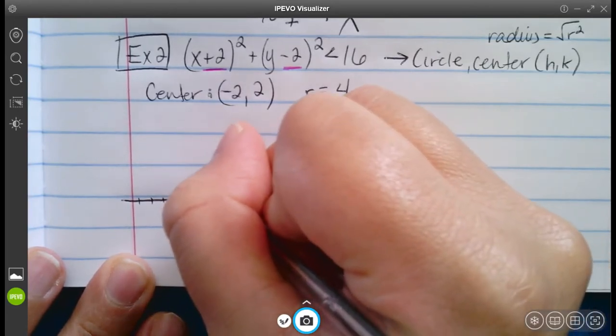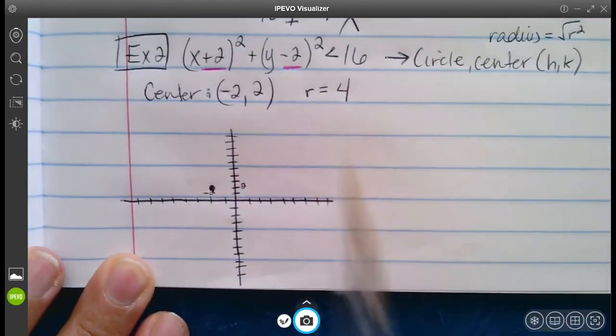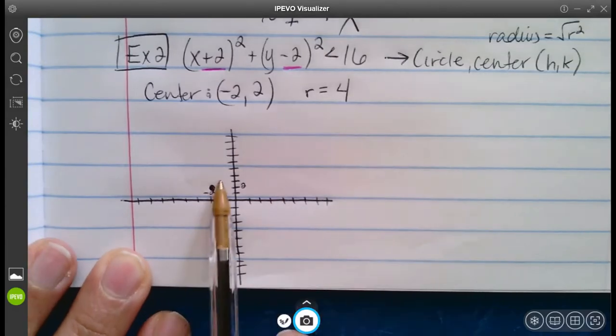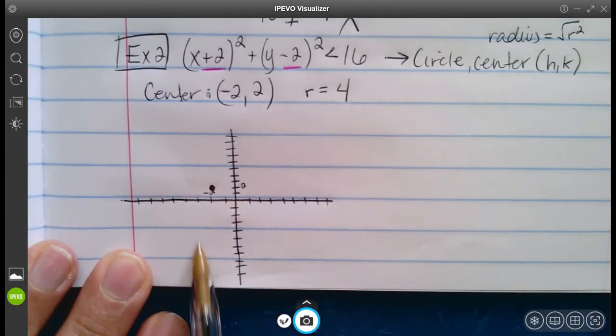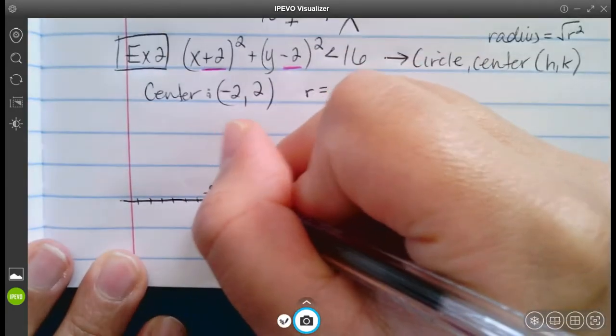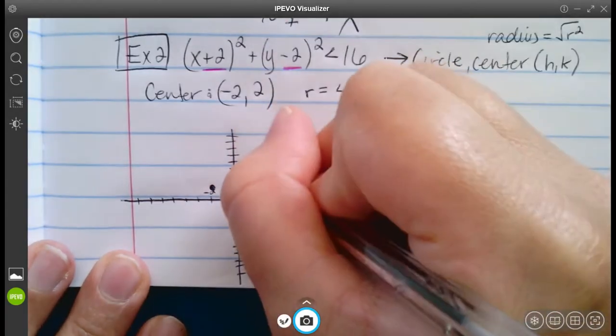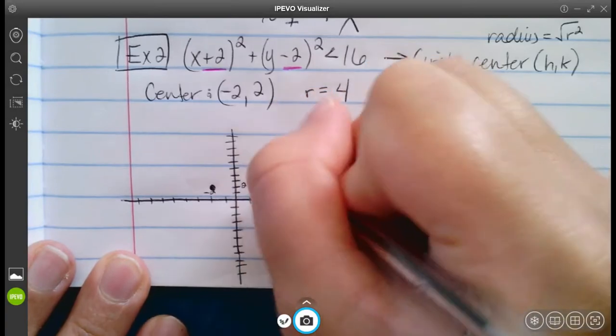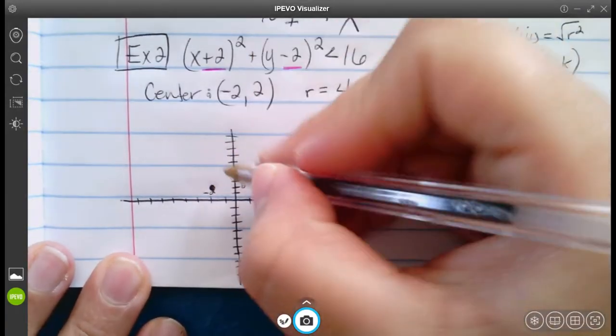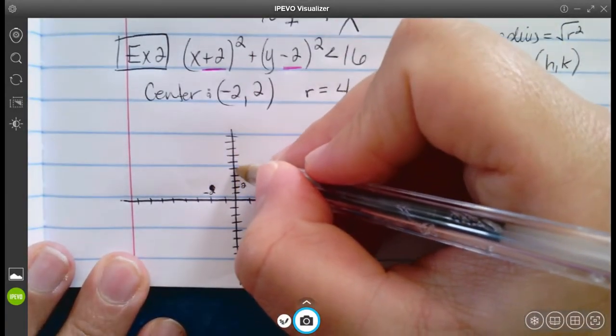So about right here. And the radius is 4, which means I'm going to go 4 this way, left, down, and up. So from here, 1, 2, 3, 4 over here at 2, 2. I'm going to go up 4. So 1, 2, 3, 4.